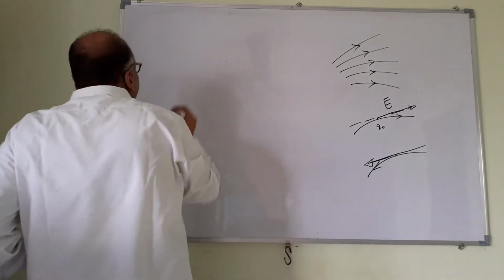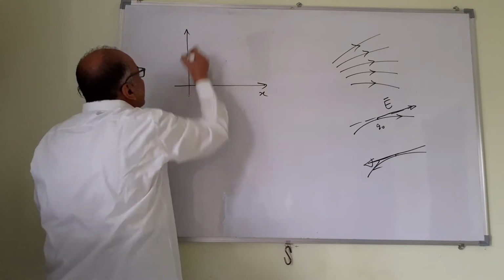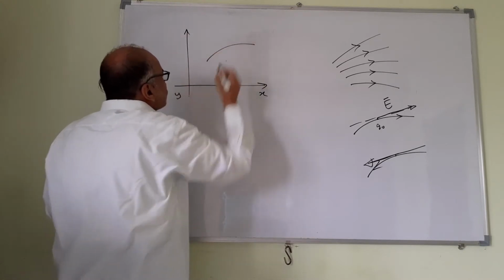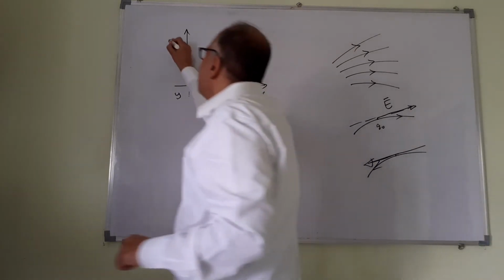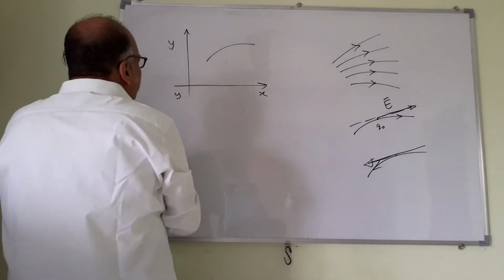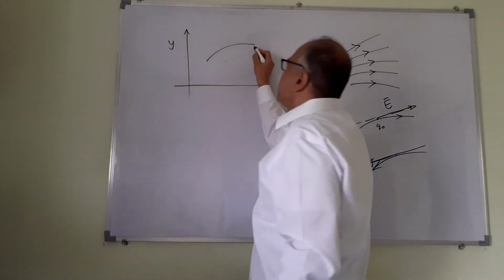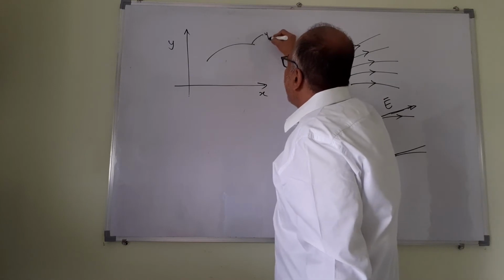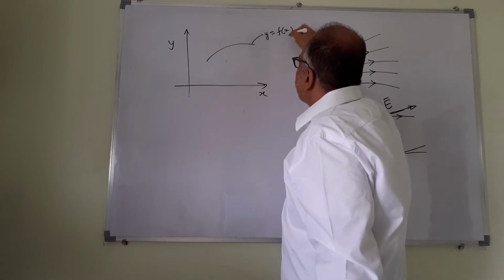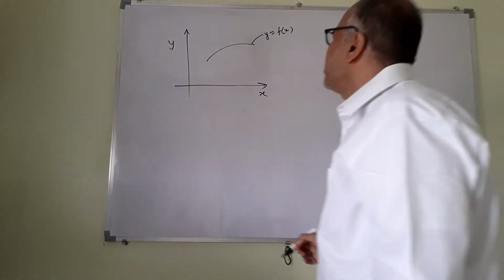So obviously this is the xy coordinate system and this is a line of force here. There would be an equation relating y and x to define this curve. So we could say y is equal to f of x, some function of x. Could be anything, just a general curve.